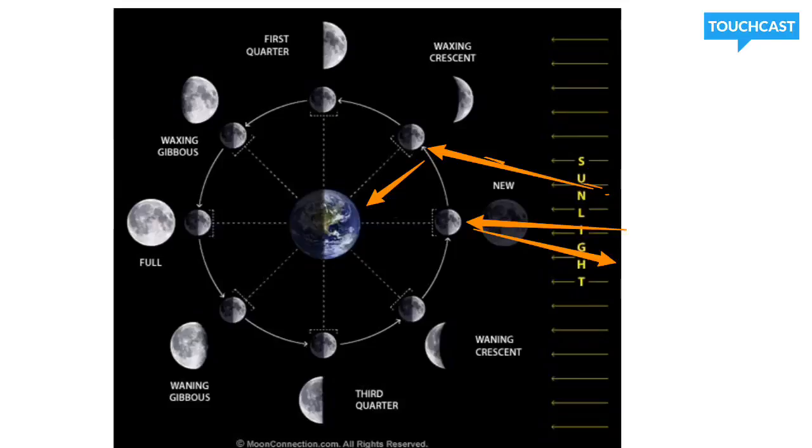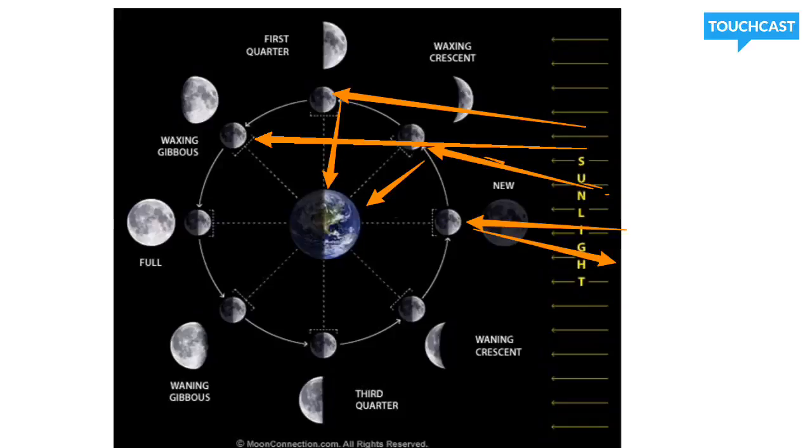Now on our quarter moon, half of the light is reflected back to Earth, while the other half is still in darkness. Now if you look here at our waxing gibbous, the majority of the light is reflected back to the Earth, which is why it looks almost full. However, a small portion of it is still in darkness.